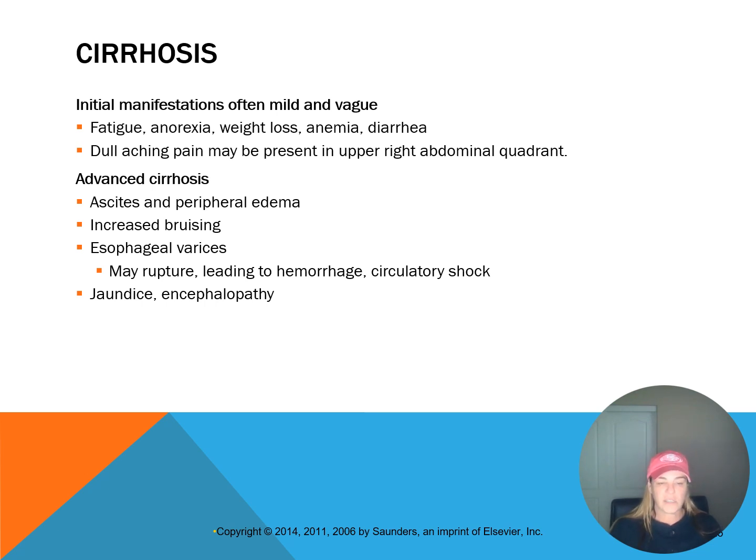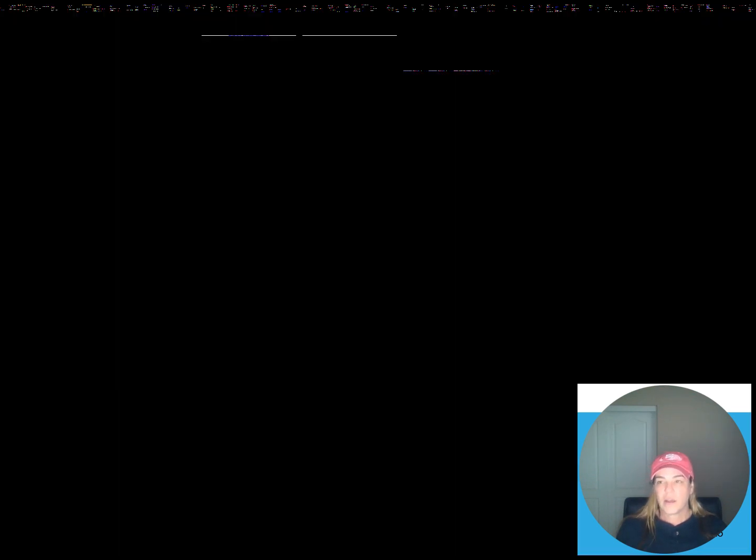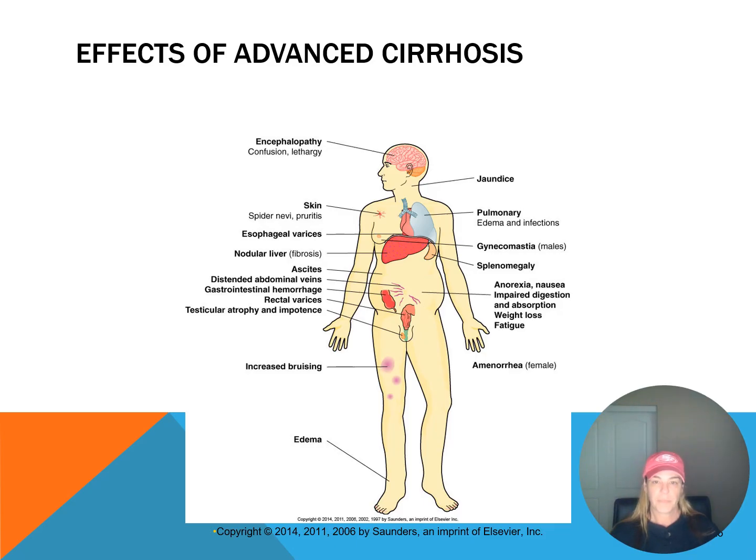Then jaundice, because the bilirubin is not broken down, and encephalopathy, because you aren't able to convert ammonia to urea, so that ammonia builds up, and when it builds up enough, it will cause encephalopathic changes and affect your brain. So here are the different areas where you can see the effects of cirrhosis.